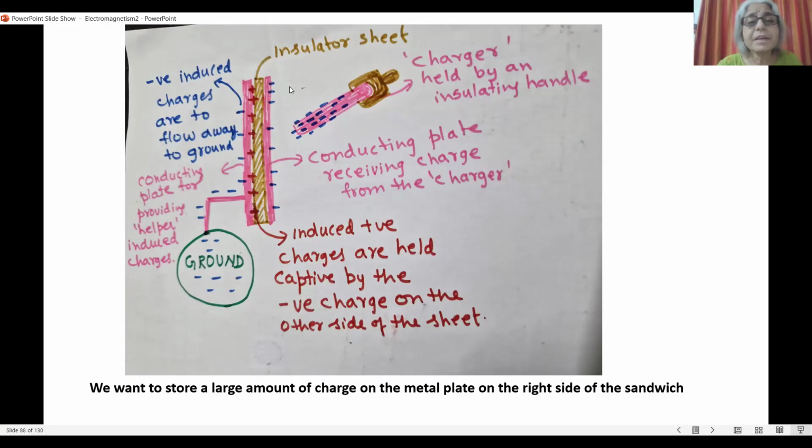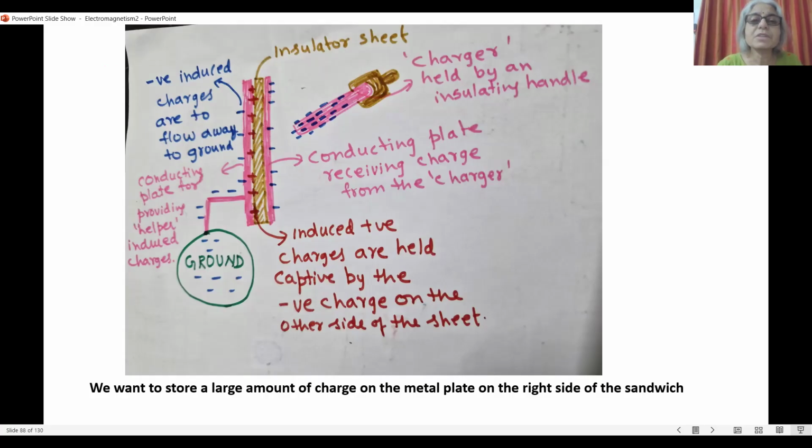So the idea is to use this right-hand side metal plate, copper plate or whatever metal plate, as the store of charge. So we are going to charge by rubbing. In this case, I'm using a negative charge, that is, I may have rubbed an ebonite or a PVC rod.